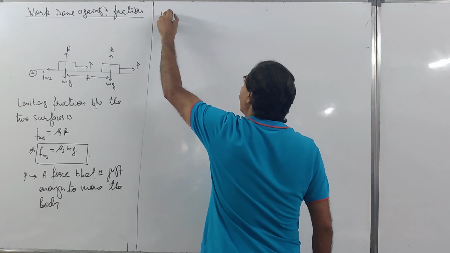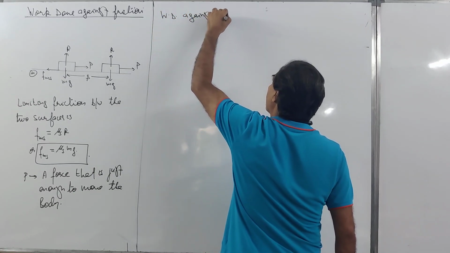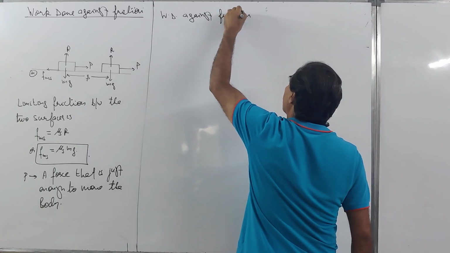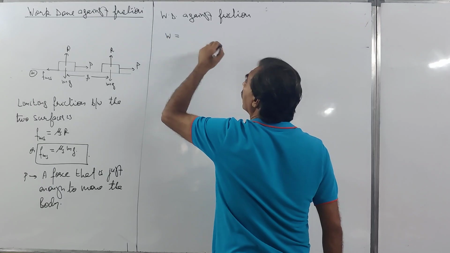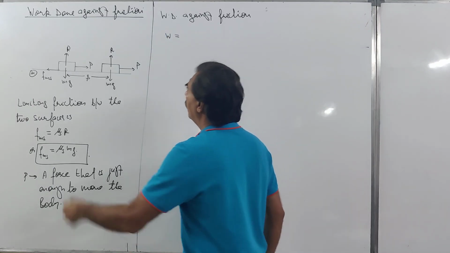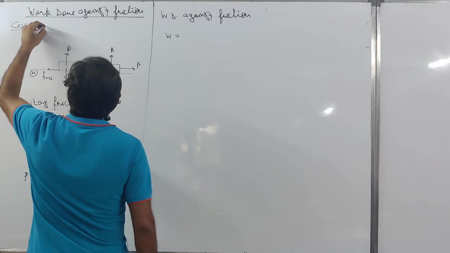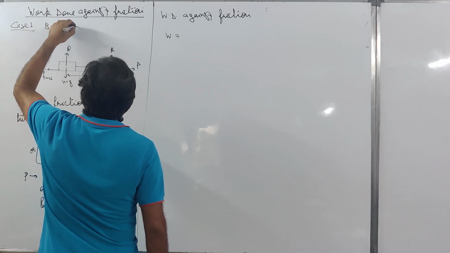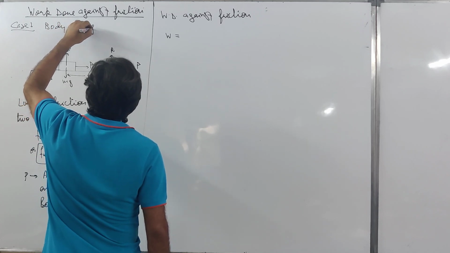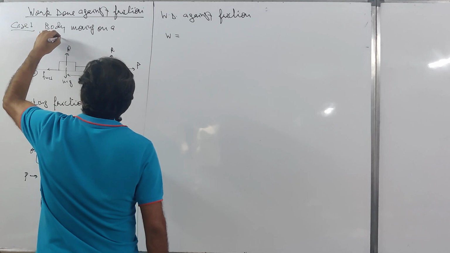Work done against friction, W. We are going to use case 1 था, body moving on a horizontal surface.